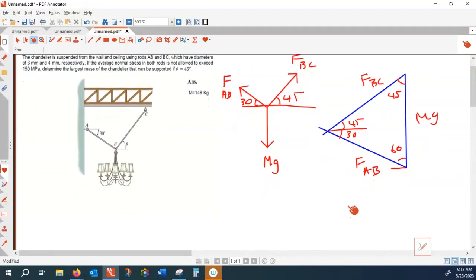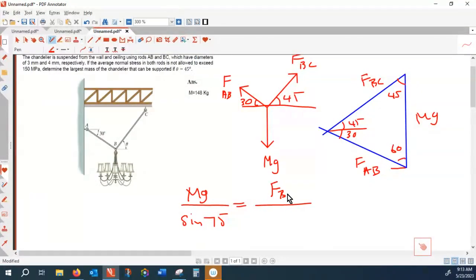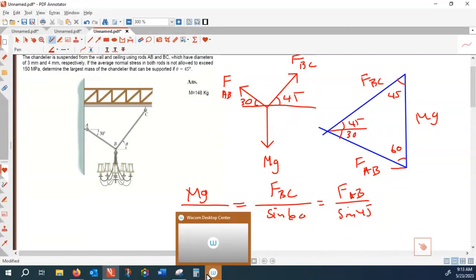Sine rule, that is more convenient, and that is mg divided by sine 75 is equal to FBC divided by sine 60 is equal to FAB divided by sine 45. Okay, so two equations.